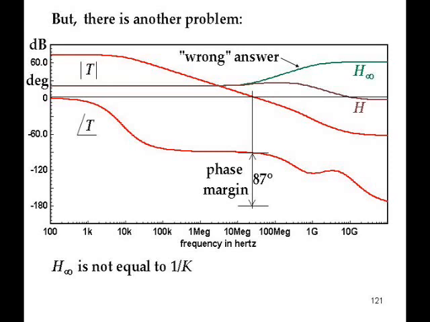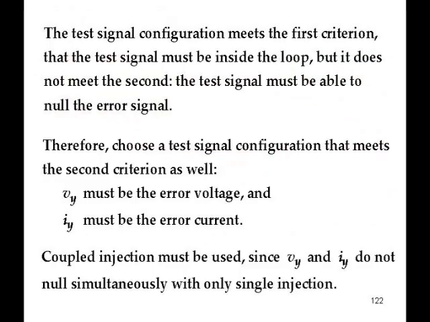So we got the wrong answer. We got the right answer for T. That's fine. Phase margin is 87 degrees, as a matter of fact. But we get the wrong answer for H infinity. Why is that? It's because the injection point met the first criterion. It's inside the loop. It doesn't meet the second criterion.